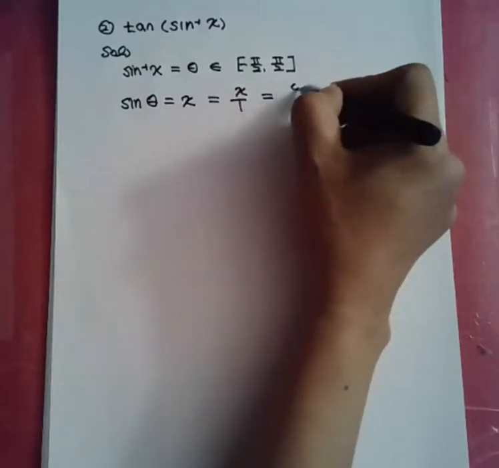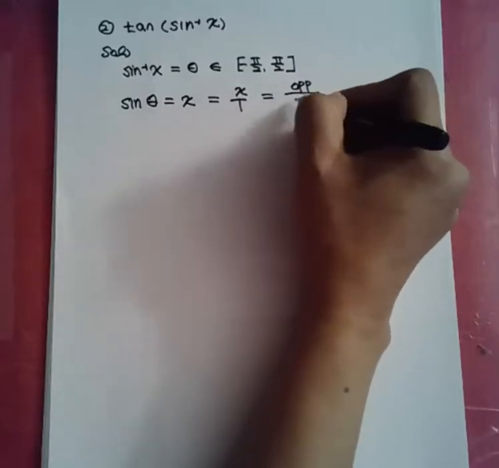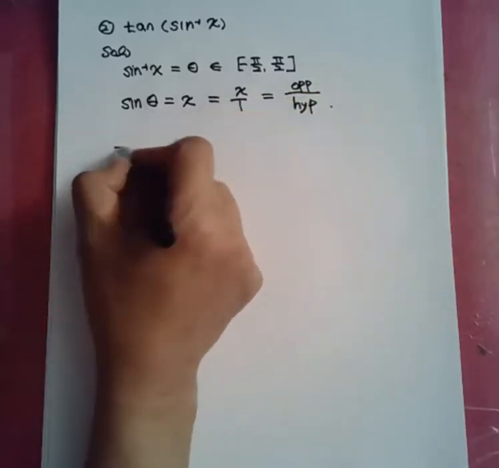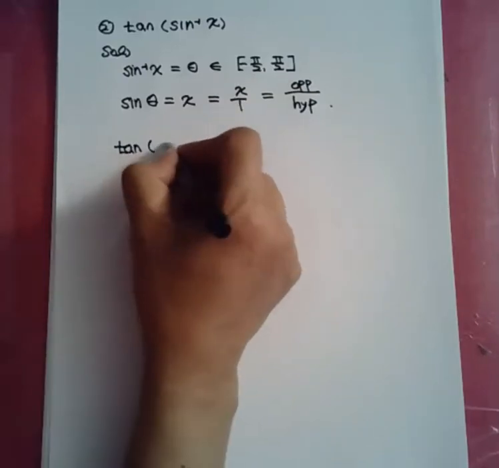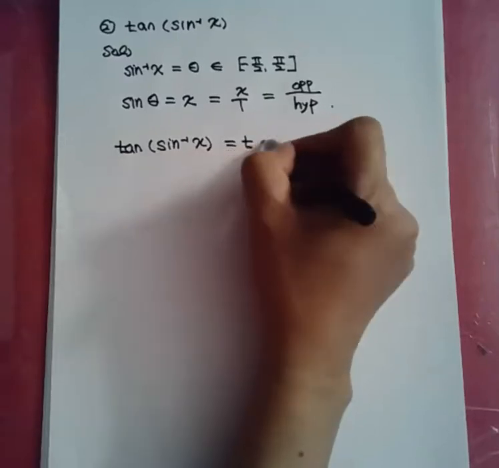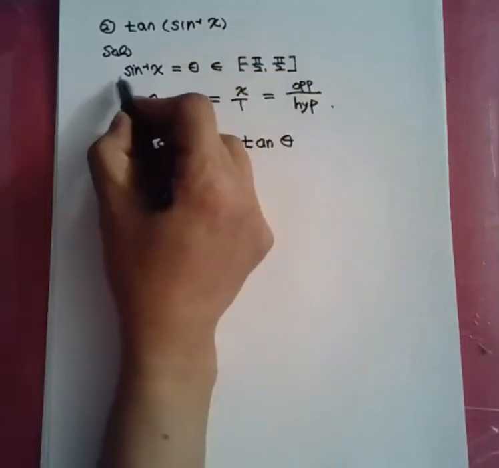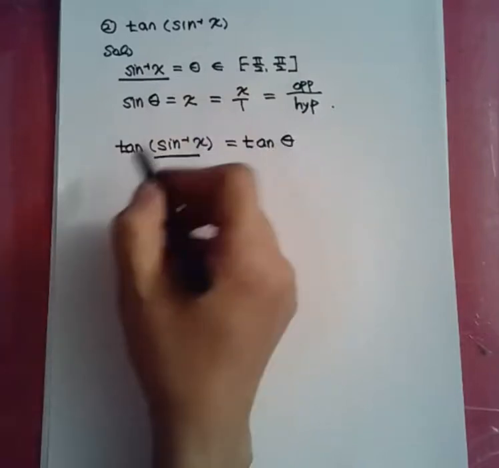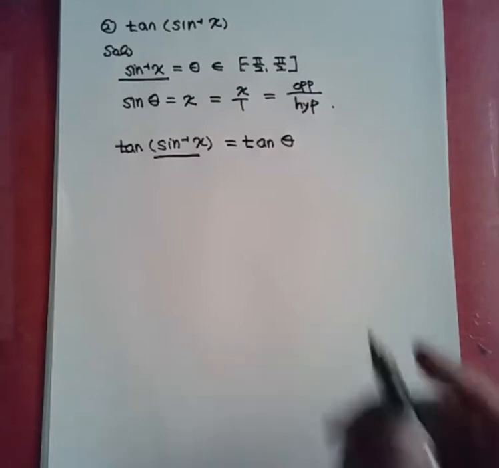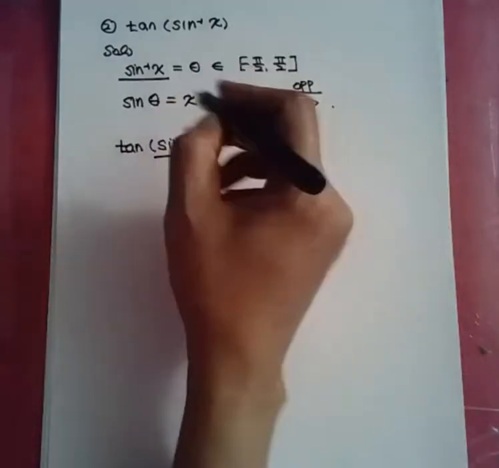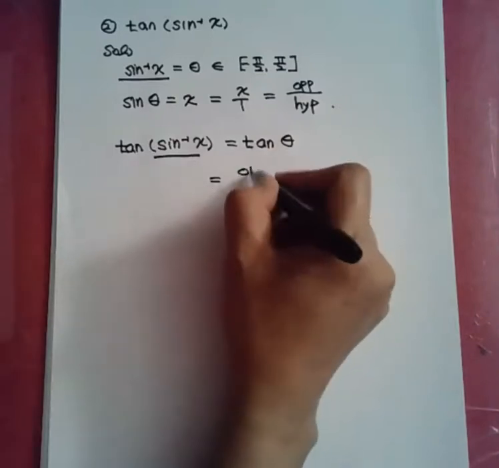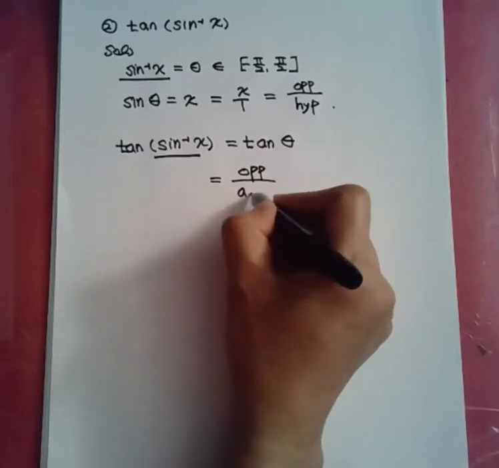We want to apply the definition, that is opposite over hypotenuse. Now, we rewrite tangent of sine inverse of x as tangent of theta. Again, instead of sine inverse of x, we just write theta because that equals theta. That is opposite over adjacent.